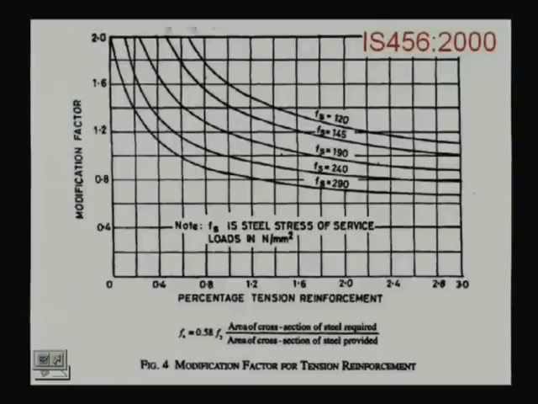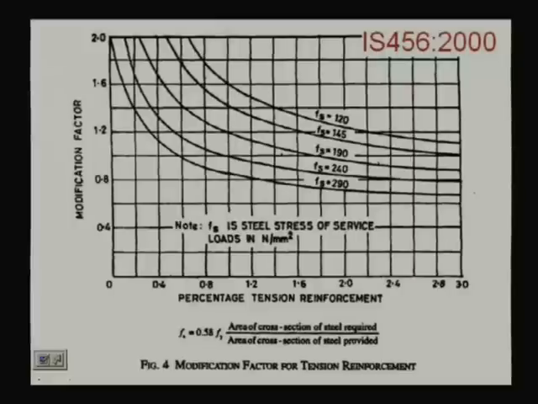We shall use figure 4, modification factor for tension reinforcement. We have given the tension reinforcement, the Ast that we have calculated, here we are getting 0.373%.